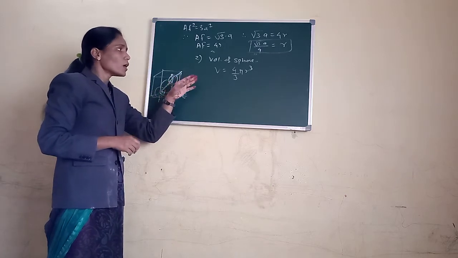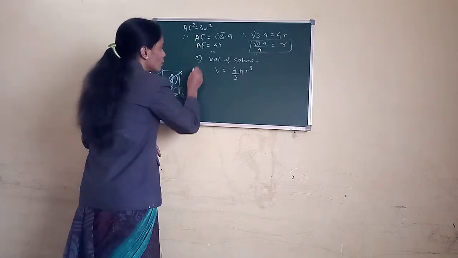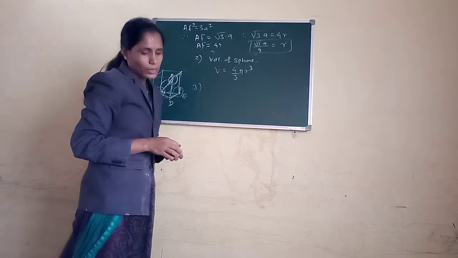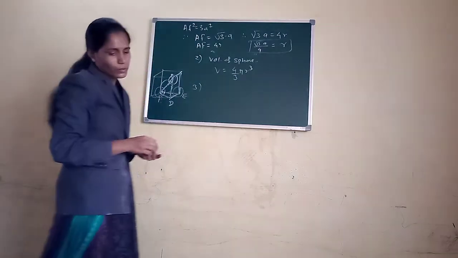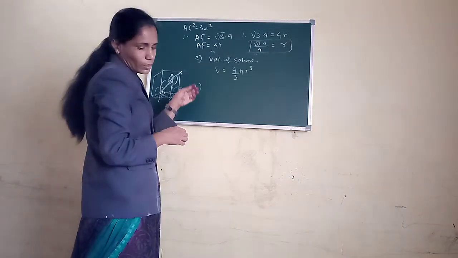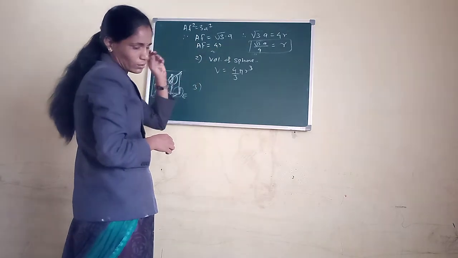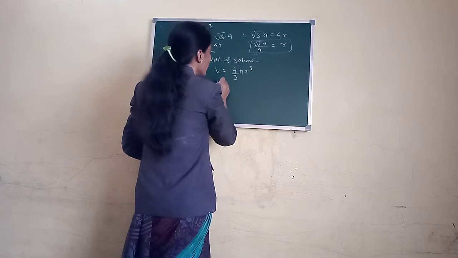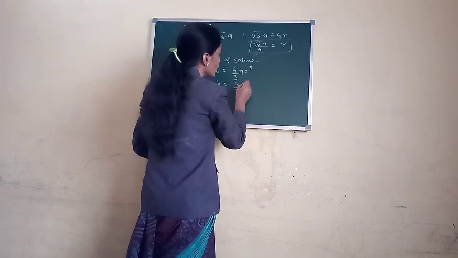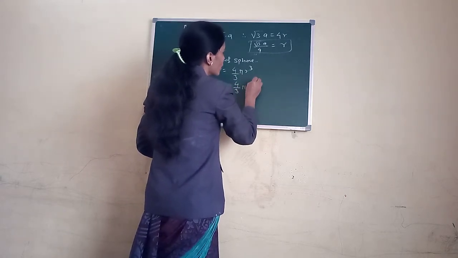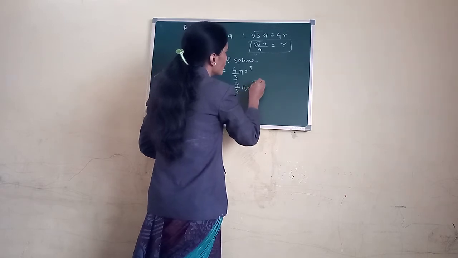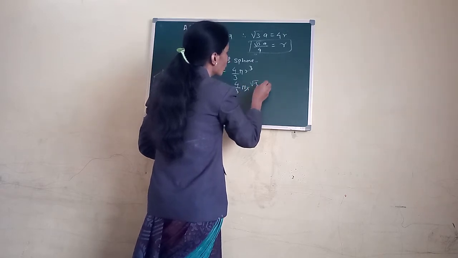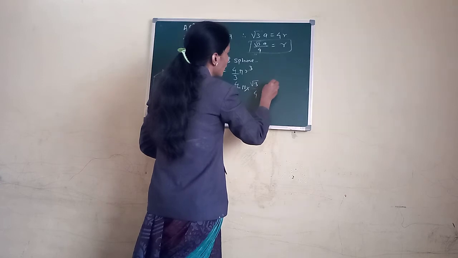Volume of one sphere. Here the R cube, put this value of R, V is equal to 4 upon 3 pi, under root 3 upon 4, a cube.